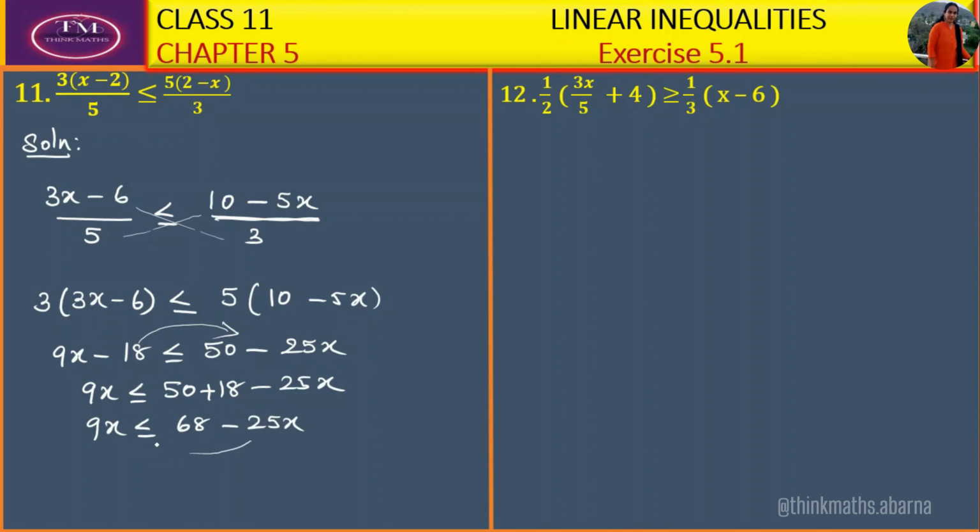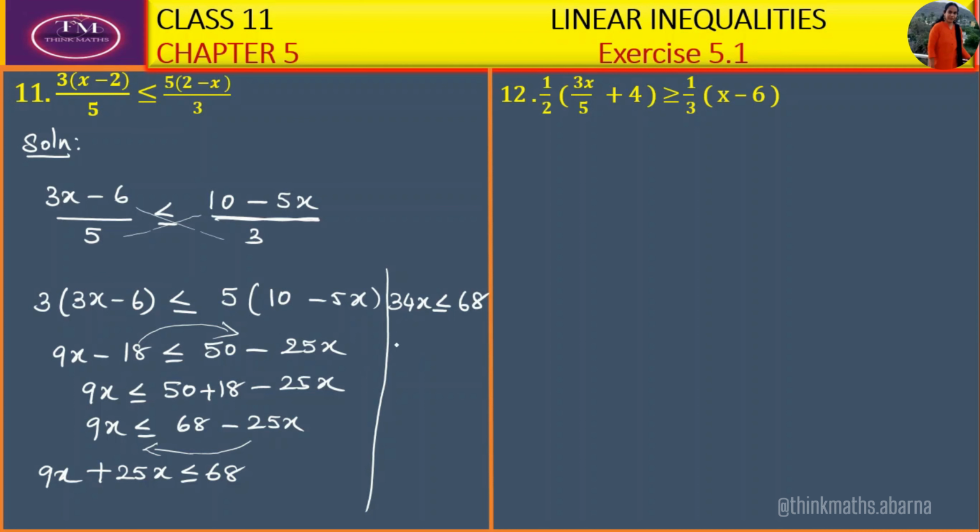Now let us bring the x to the left side. So 9x, minus 25x will become plus 25x, less than or equal to 68. So what is 9x plus 25x? It is 34x less than or equal to 68.